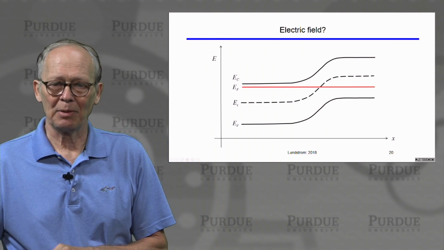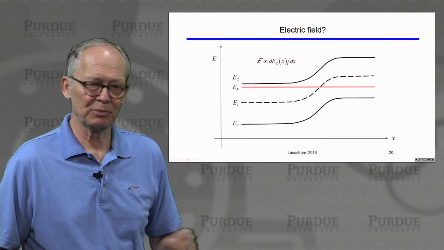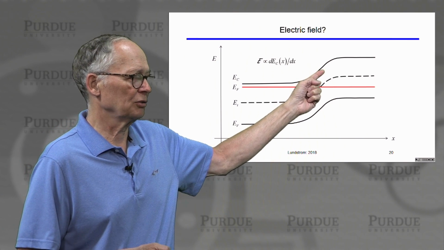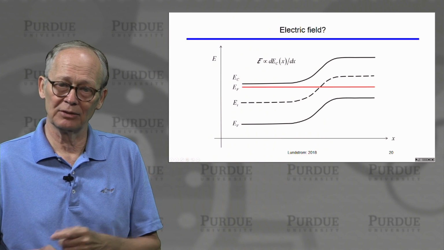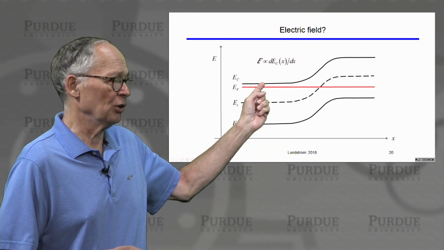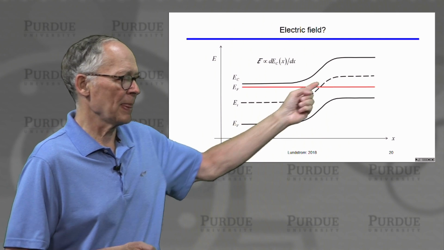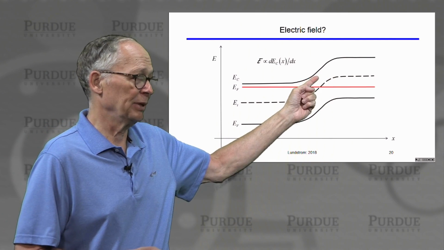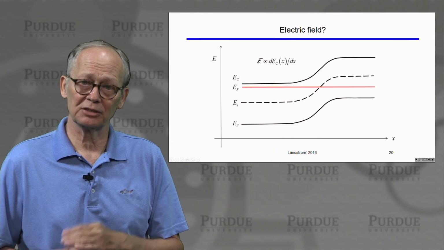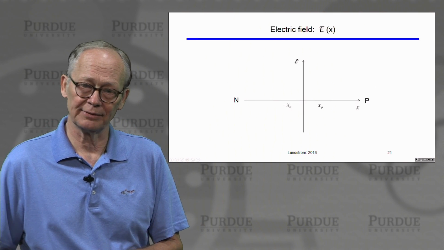Okay. How about electric field? Well, we remember that the electric field is proportional to the slope of the conduction band or the valence band or the intrinsic level. So there will be no electric field in the bulk N region. There will be no electric field in the bulk P region, but there will be a positive electric field in the transition region because the slope is positive there.